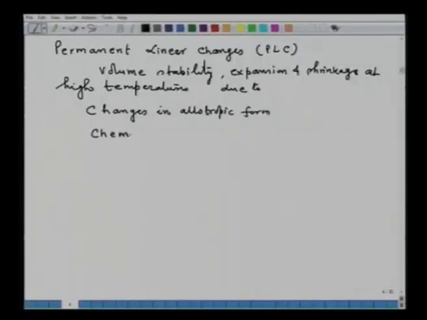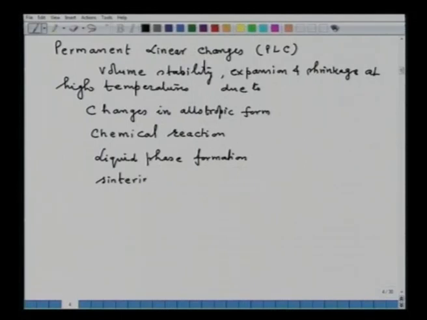Also, these may occur due to chemical reaction, also due to liquid phase formation, or due to sintering reaction. Now, sometimes this permanent linear change is advantageous also.